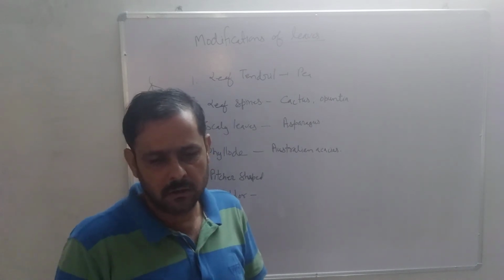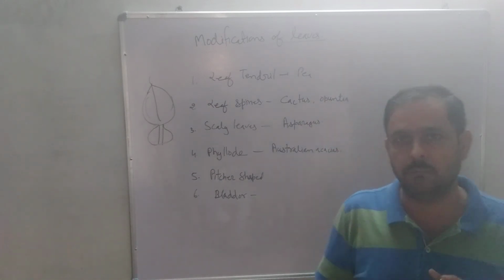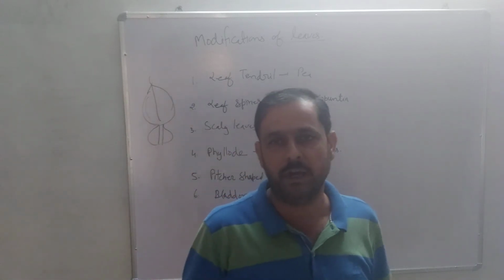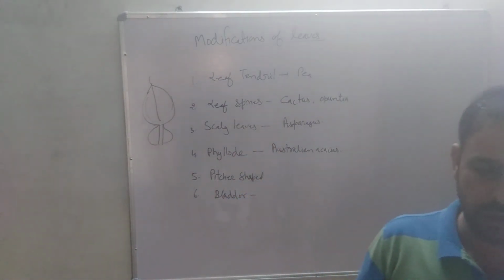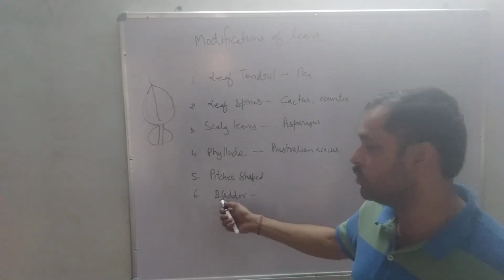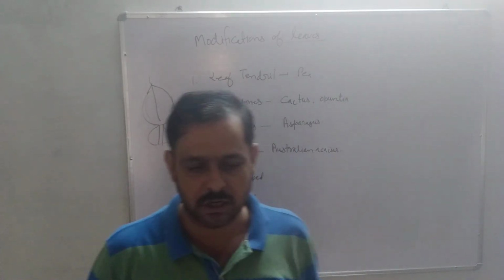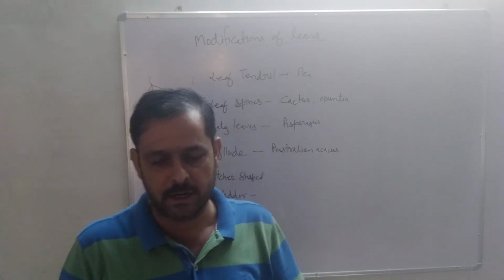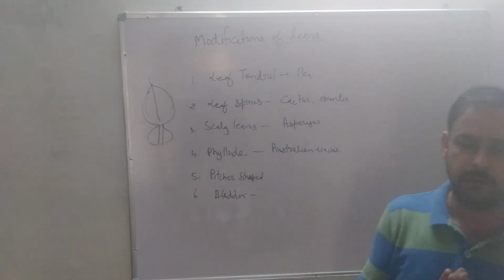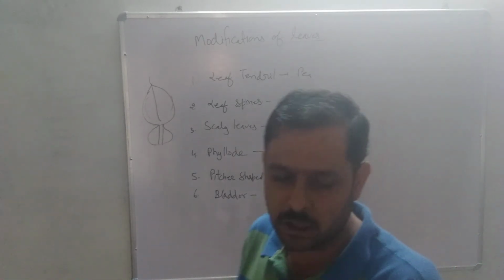Next, pitcher shaped. The pitcher in the pitcher plant, Nepenthes, is a modified leaf. Because they lack nitrogen, they obtain nitrogen from insects, so their structure is changed into a pitcher. In Utricularia, an aquatic carnivorous plant, some of its segmented leaves are modified into tiny bladders.